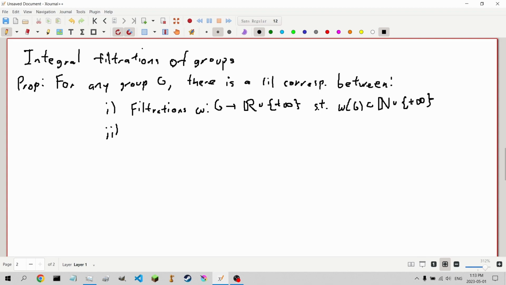And our second condition is decreasing sequences, and these are going to be subgroups of G indexed by the natural numbers.